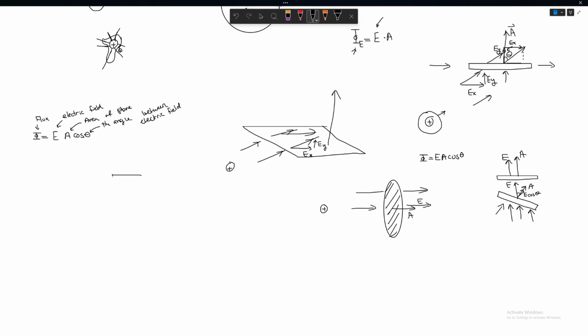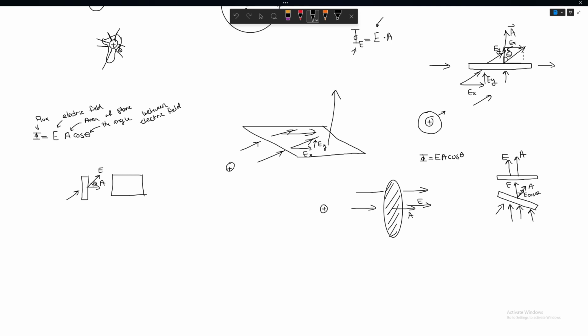So if this was my box, obviously this would be the face, which is coming out of the screen or into the screen, right? Now if I'm looking at this box from the side, it would look something like this. And so let's say the area I'm looking for is this, and my flux is whatever is going through here. If flux was going at an angle, then my E is this theta, right?